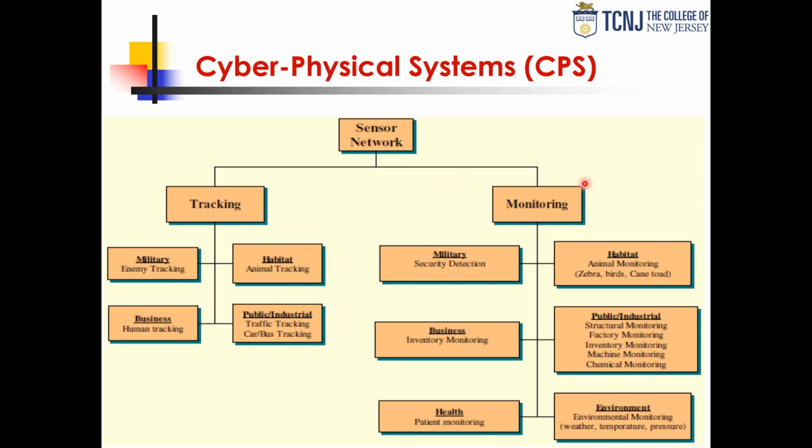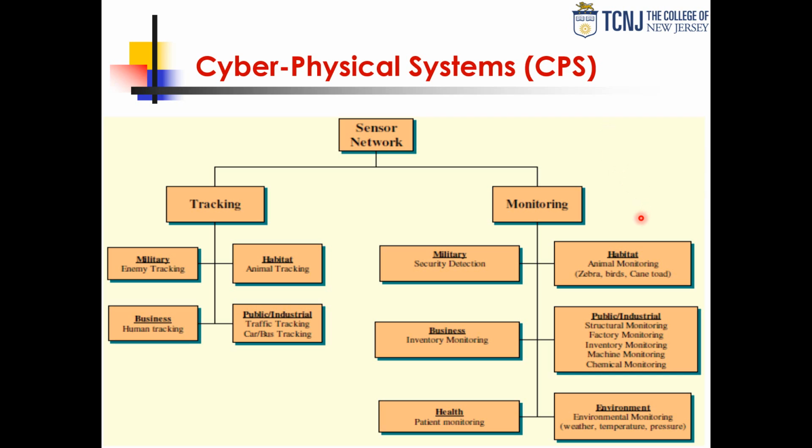On the monitoring side, in military, you can have security detection. So now these are sensors that are collecting data as far as security is concerned: how many people, the flow of different, I guess you could say, enemy forces, and also your own forces to measure efficiency and things of that nature.